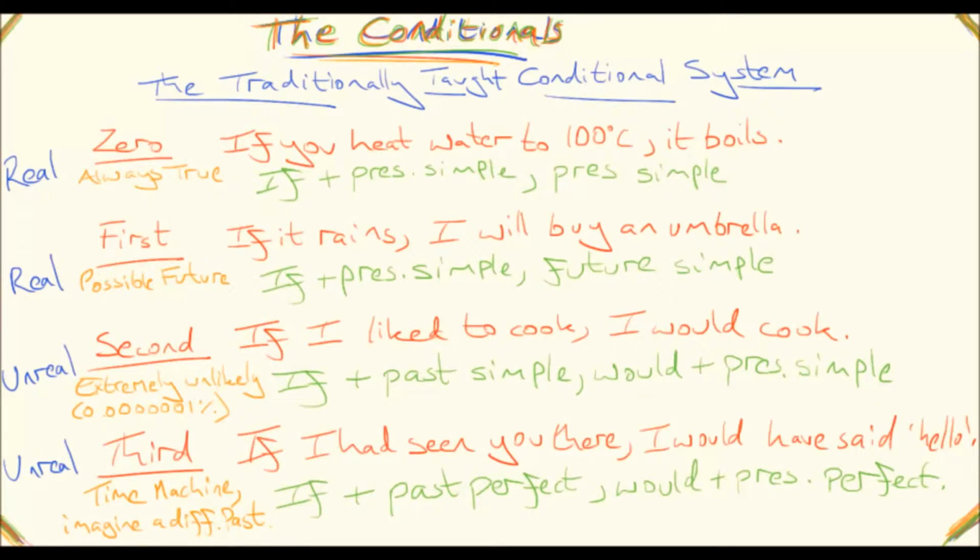Indeed, I'd been teaching conditionals using this traditional method for years, until one particularly intelligent student came up to me with a bit of confusion and a sentence in his hand, and asked me to try and explain it. And I'll show you that sentence now.